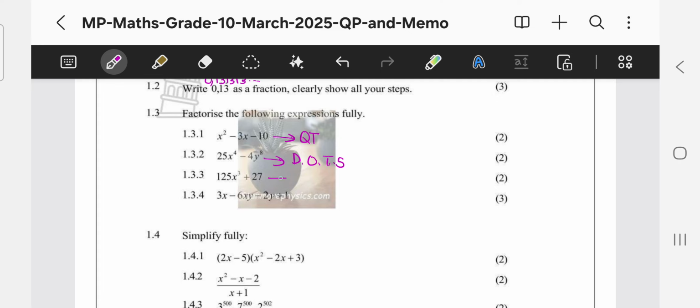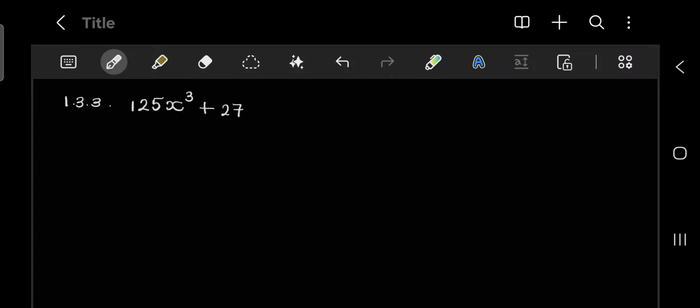So this is the sum of two cubes. So to factorize the sum of two cubes, we are going to open up two brackets. Bear in mind that the first bracket is a binomial and the second bracket is a trinomial.